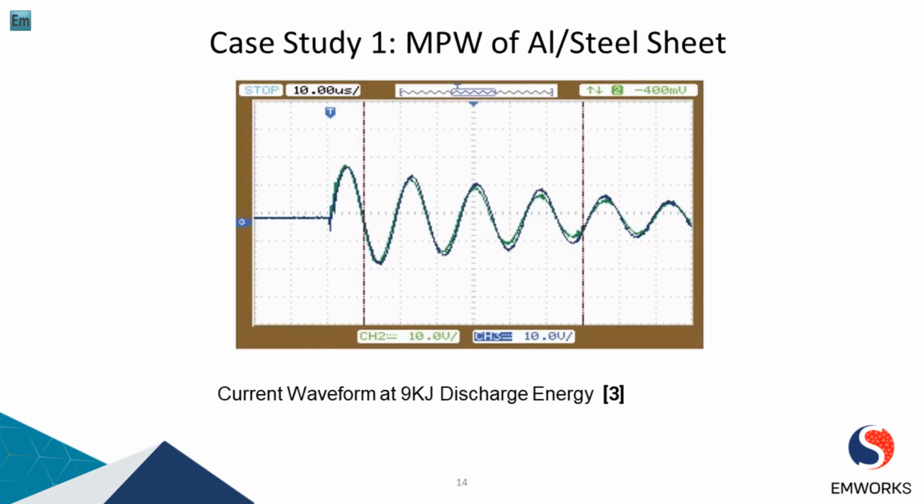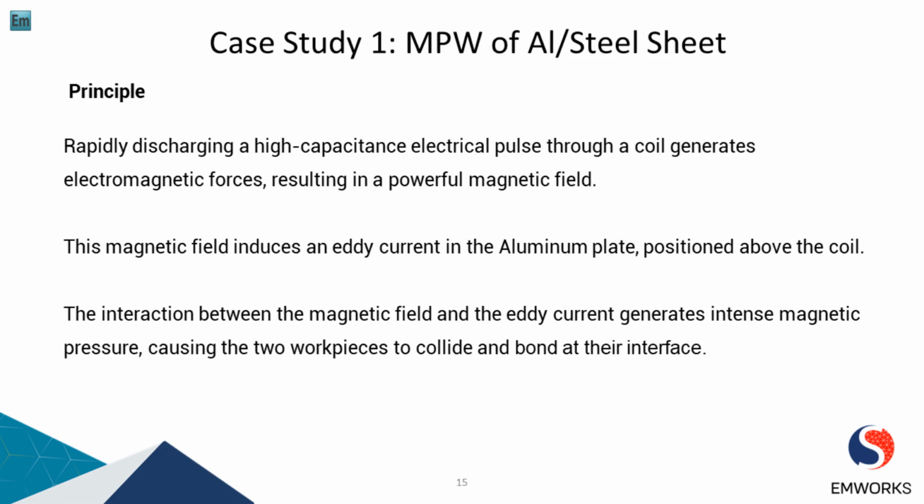In this fascinating world of magnetic pulse welding, electromagnetic forces are the driving factor behind the successful fusion of materials. These forces are generated by the rapid discharge of a high capacitance electrical pulse through a specialized coil, which forms a robust magnetic field.